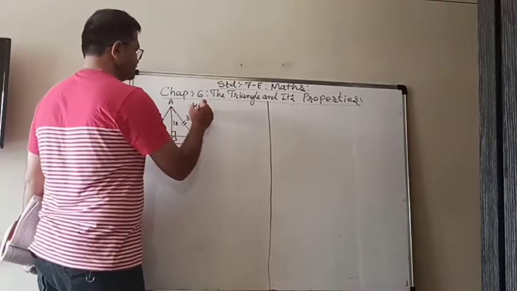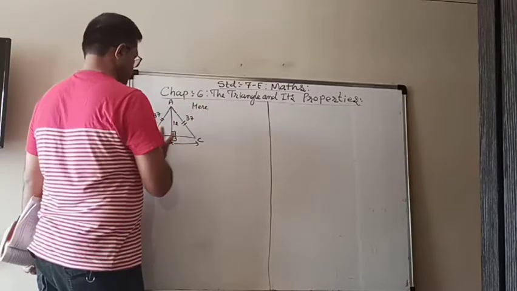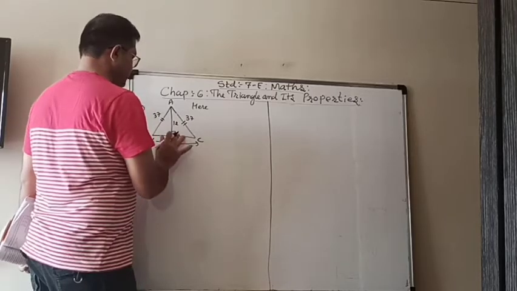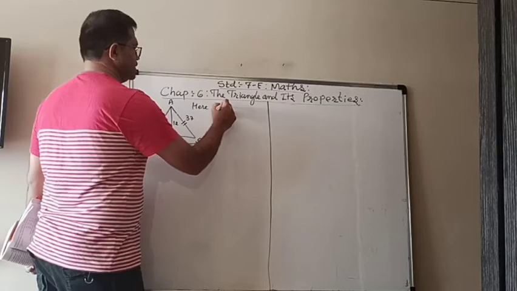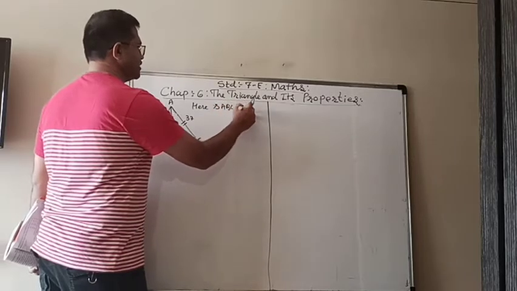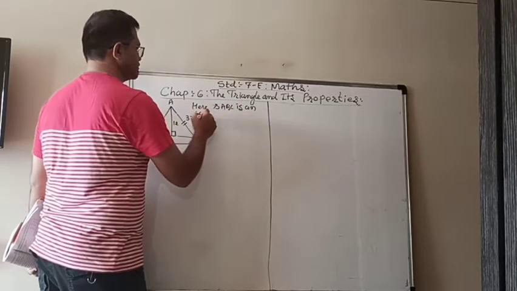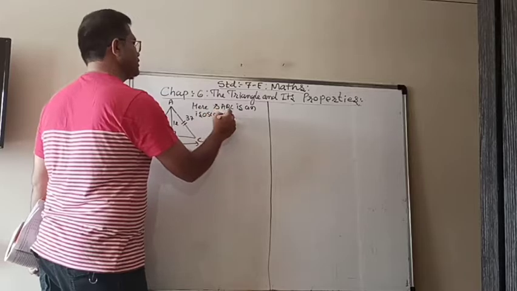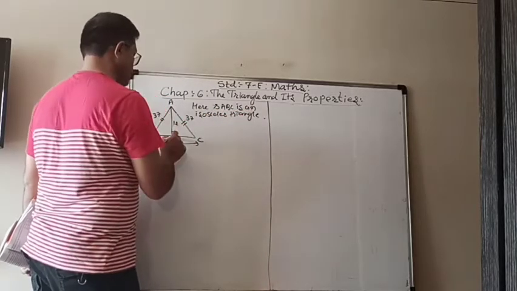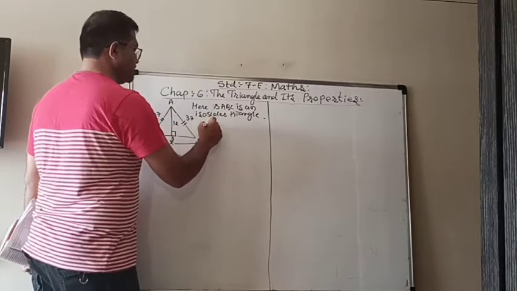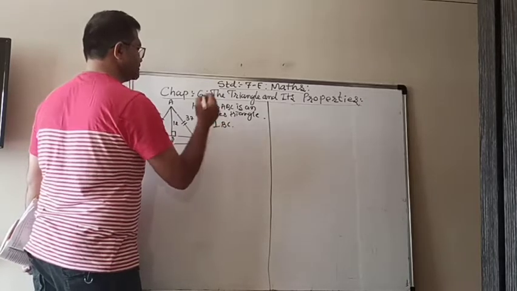So here triangle ABC is an isosceles triangle, and AD is perpendicular to BC.